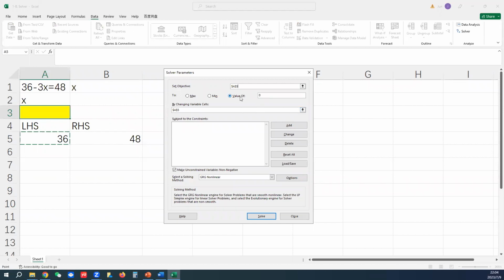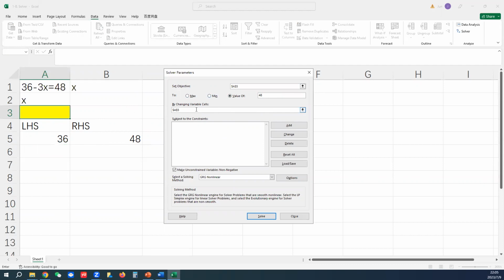You can't change it anyway. So we want to set the changeable left-hand side equal to the right-hand side, which is 48. You can't directly invoke the cell here, so you just type it in manually.